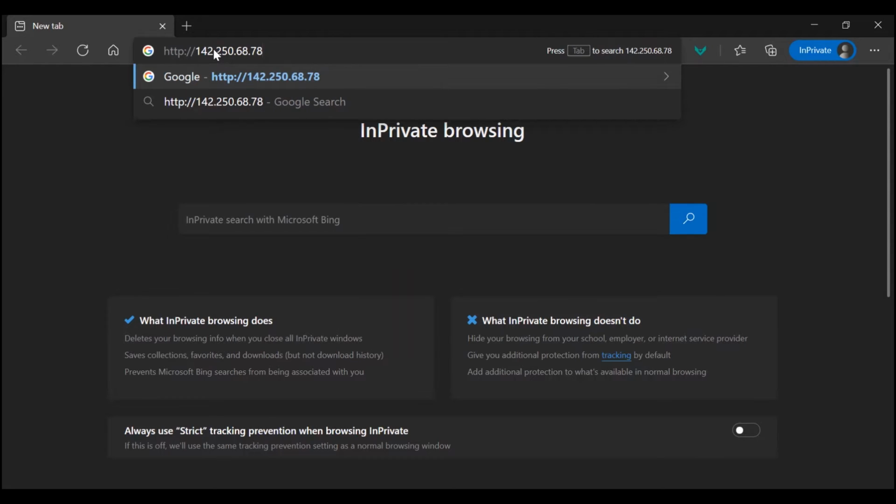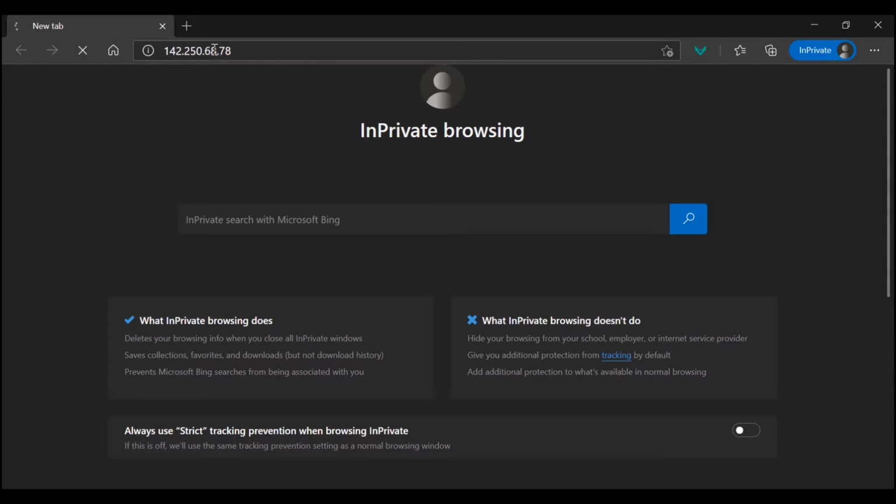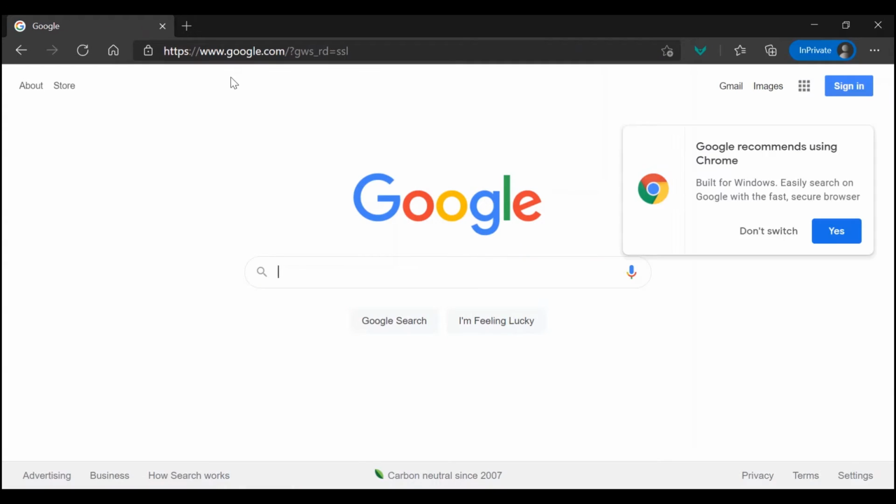Now, this is one of literally hundreds of different IPs that Google has around the world, so that IP address may look different for you. And you'll notice that it automatically redirected me to the google.com website that you would know and trust. That's because that IP address is assigned to google.com.